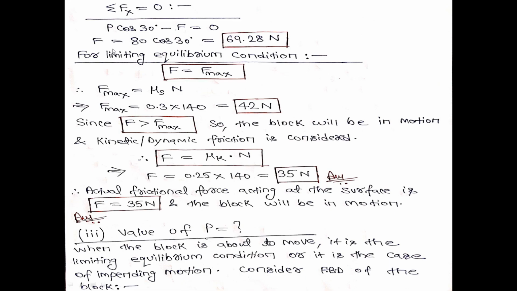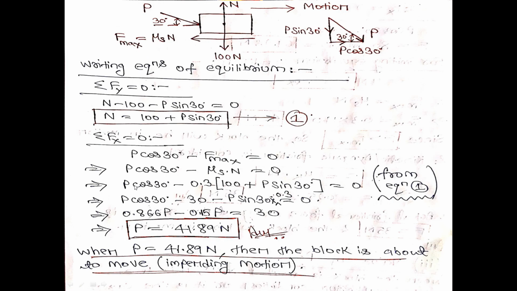For limiting condition F is nothing but F max, so I can write P cos 30 minus F max equal to 0, where F max is mu S into N.